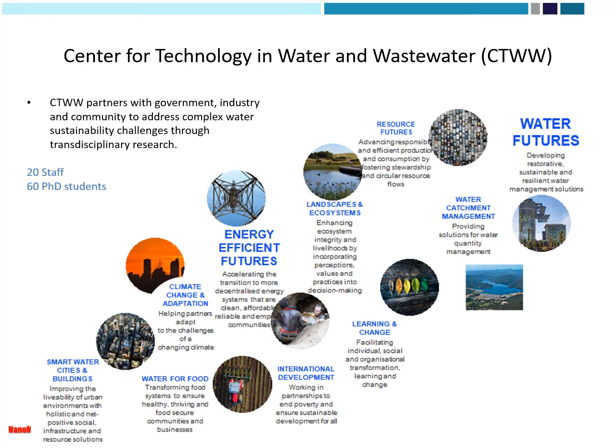For example, we have smart water cities and buildings and climate change adaptation, energy efficient futures and landscapes and ecosystem, resource futures and water futures, water catchment management, and learning change, international development, water for food.